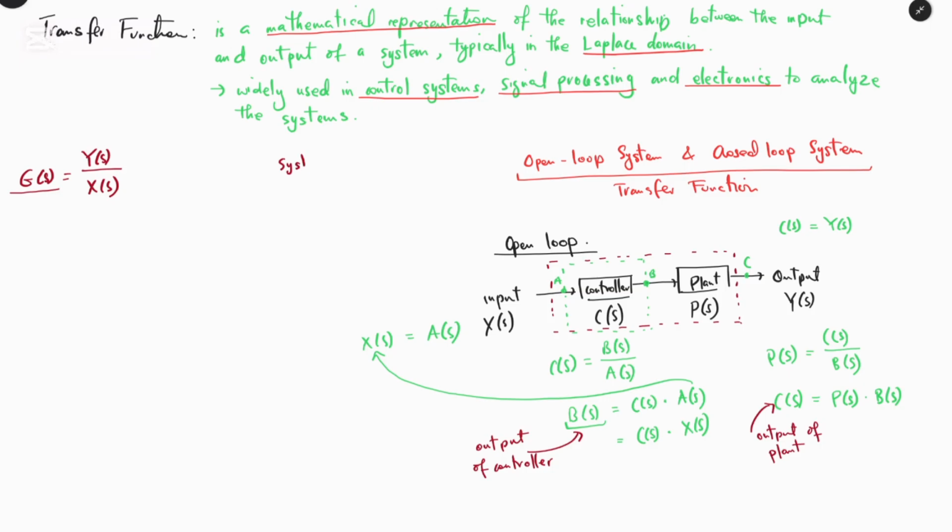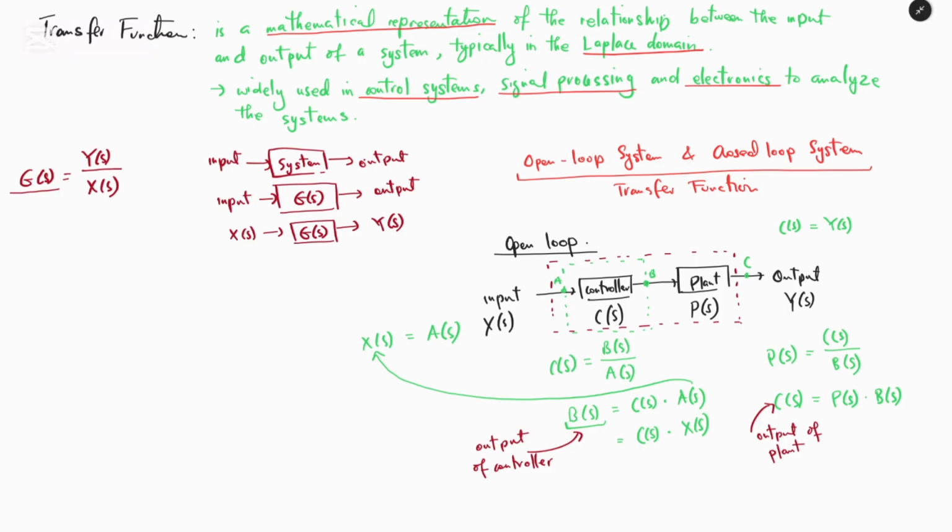We say the system is the output over the input. To simply analyze this, we can say the input X of S goes into G of S, and we have the output Y of S. All these are the same representation of the system.